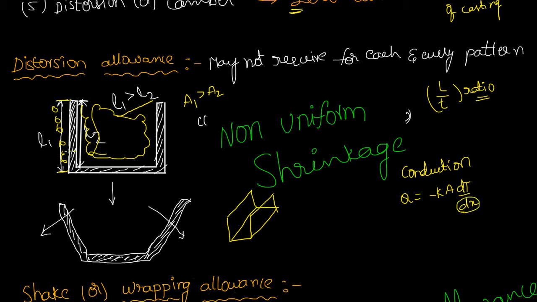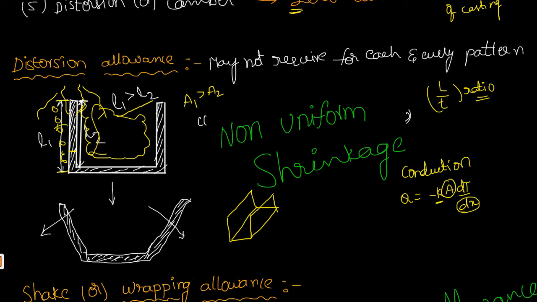This is the thickness, and it is constant. It cannot be changed. Conductivity of the material is also constant. Temperature difference: this surface has the same temperature as this surface, so the temperature difference will also be the same for this portion and for this portion, right? Then what is changing here? Area is changing. Here the area is high and here the area is less.